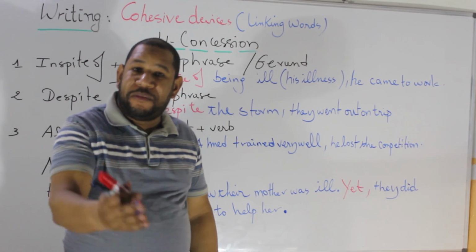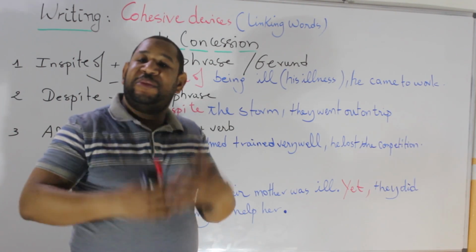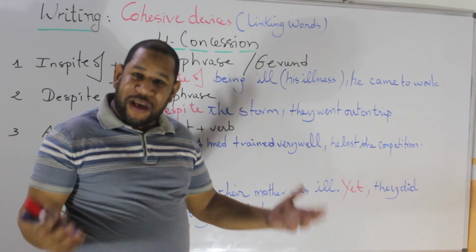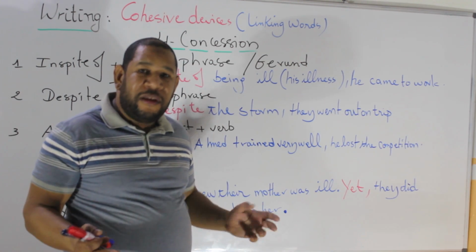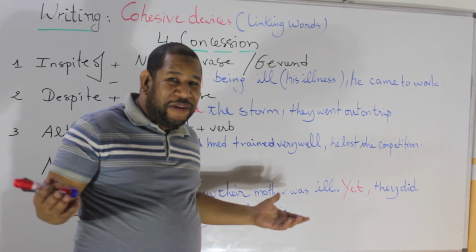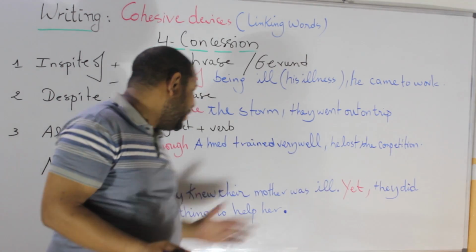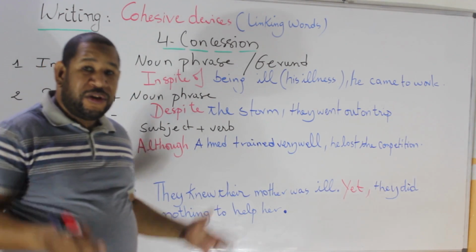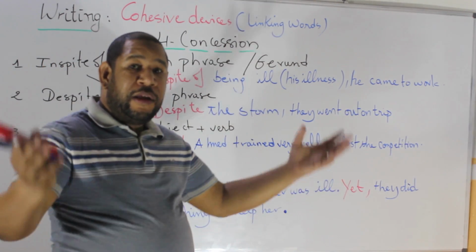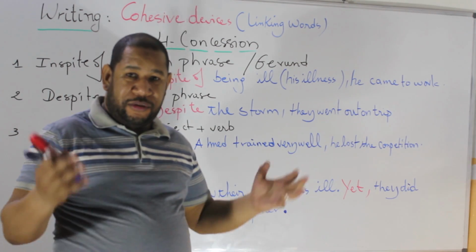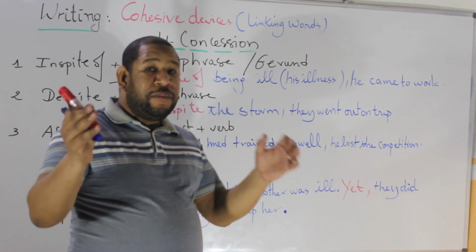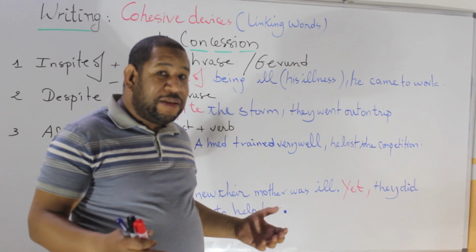What do we expect if your mother was ill? We expect that you will do everything you can to save her life. But we have the opposite of what we expect. They did nothing to help her. So this is concession.